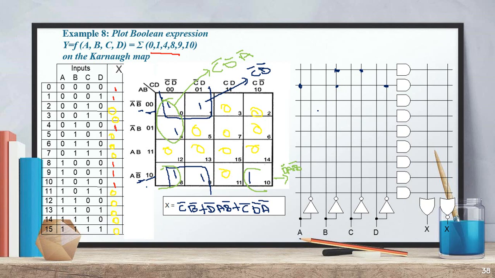Then we have C bar D bar A bar, so all are complement. So here A bar, here C bar, here D bar. C bar D bar A bar. So the first three we are taking, take this as a logic gate. You will get the final x value.